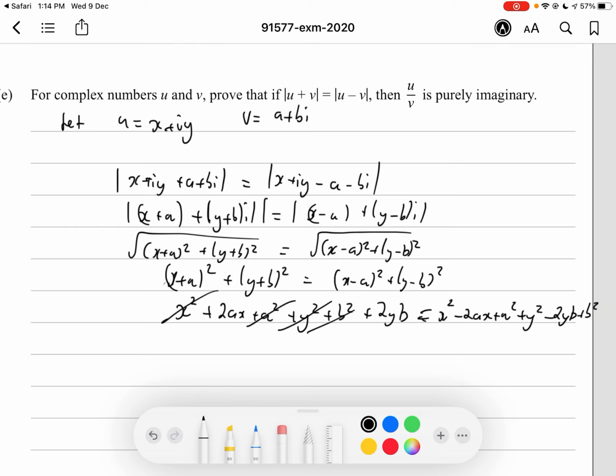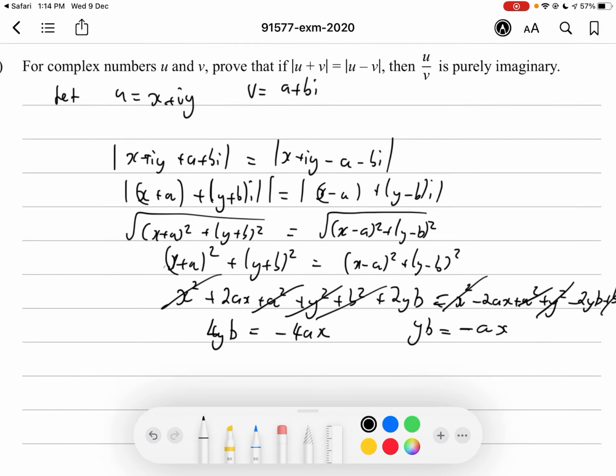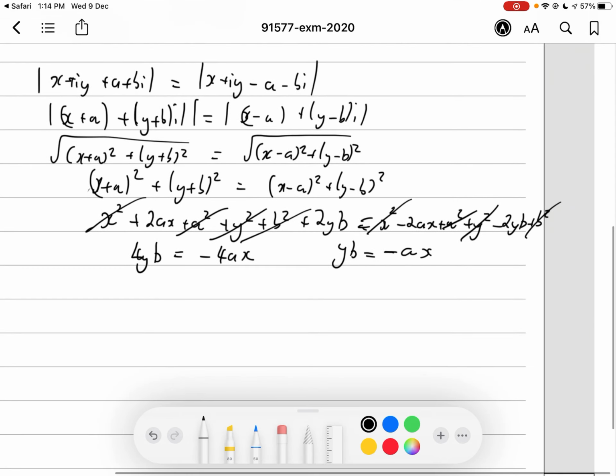So we can see that certain terms will cancel each other out: x squared, a squared, y squared, and b squared. We'll have 4yb equals negative 4ax, so yb equals negative ax. We'll just leave it there for now and remember this: yb equals negative ax.